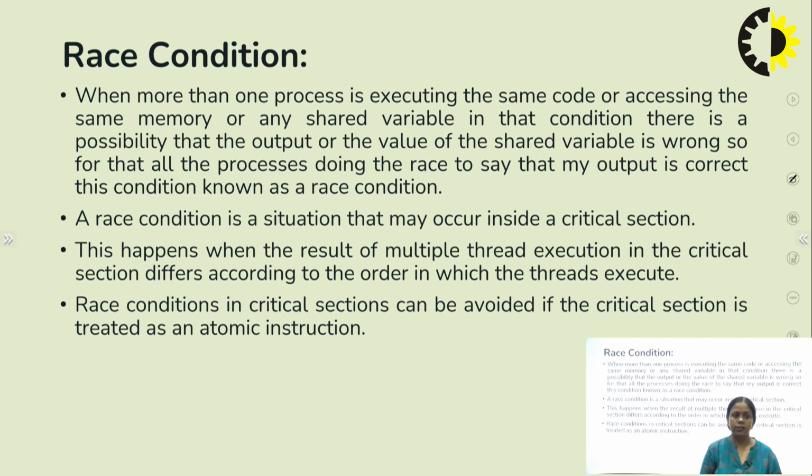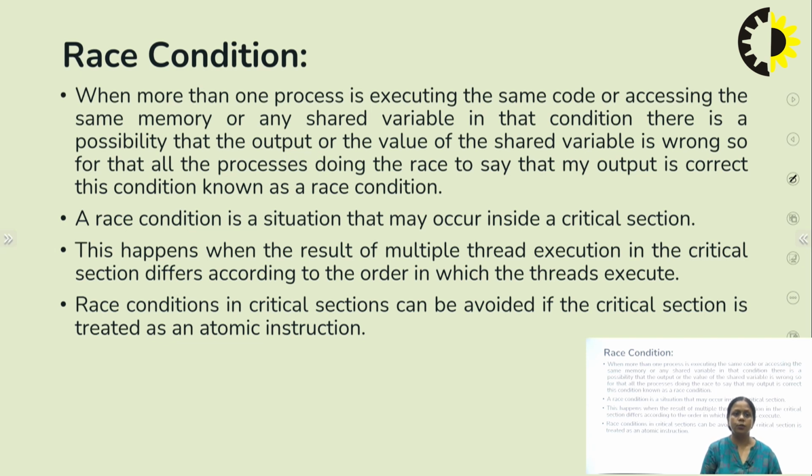Firstly, we have to understand the meaning of a race condition. When more than one process is executing the same code or accessing the same memory or any shared variable, there is a possibility that the value of the shared variable is wrong. So all processes are racing to say that their output is correct.